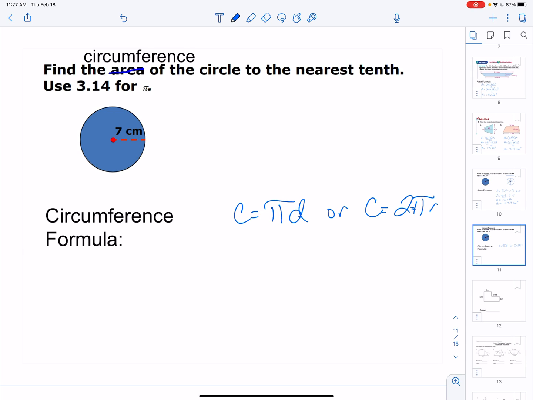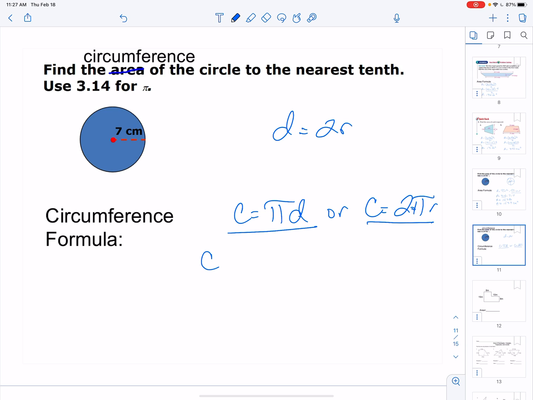I told you that the diameter is equal to 2r, so that's basically where these formulas come from. I personally like to always use this formula right here, because no matter what I've got, I can always find a diameter. But if you want to use this one because I'm only given a radius, it's perfectly fine.